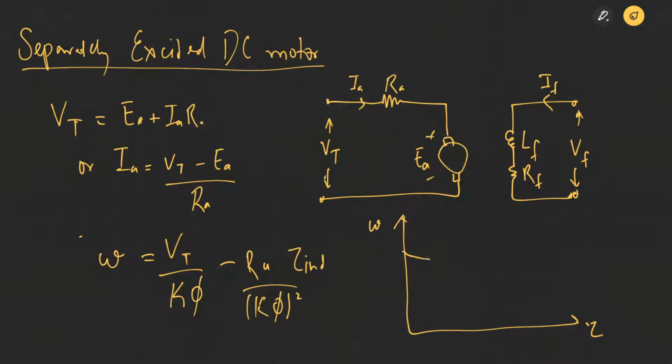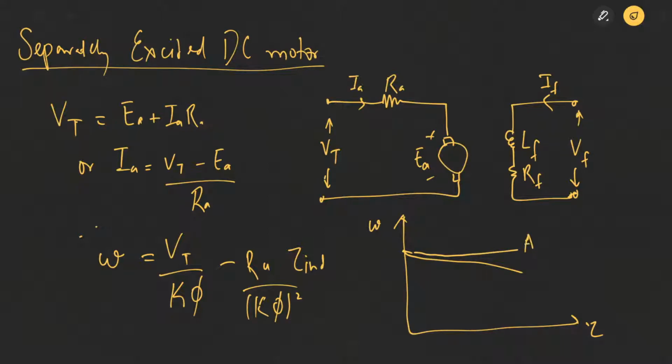You'll see that the profile of the speed torque characteristics of a separately excited DC motor and that of a shunt DC motor will be similar. You'll obtain a graph like this. This will be without armature reaction, and definitely with armature reaction, as we have seen, the characteristic will be something like this.